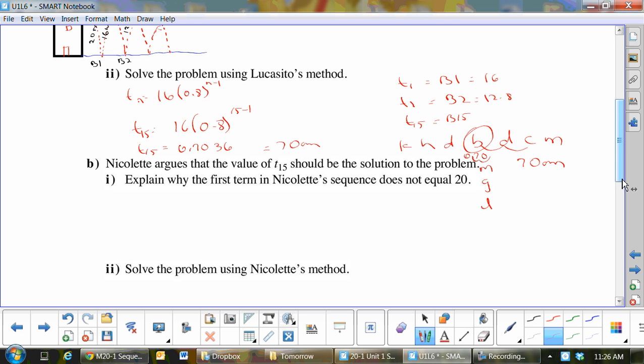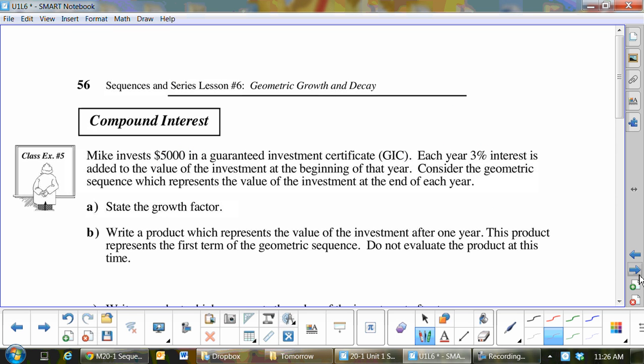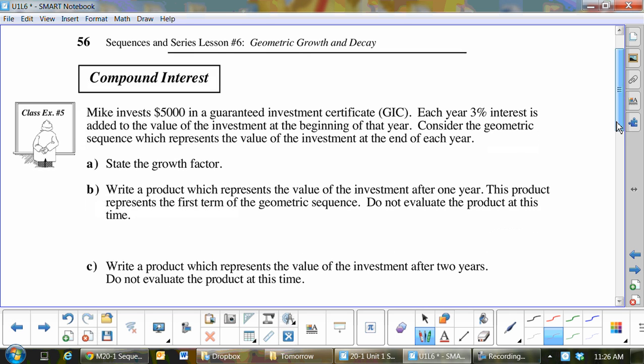Okay, let's go to the next one. Compound interest. Now, if we have $5,000 in a guaranteed investment certificate, that means you're going to get 3% interest added to the investment at the beginning of that year.